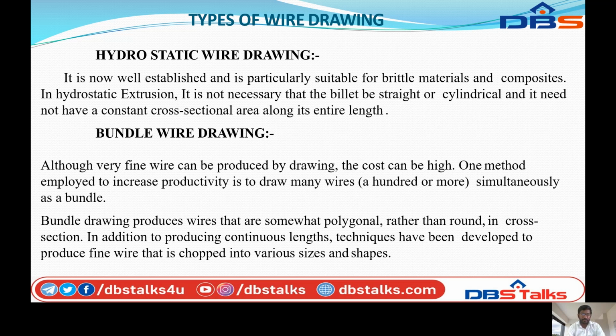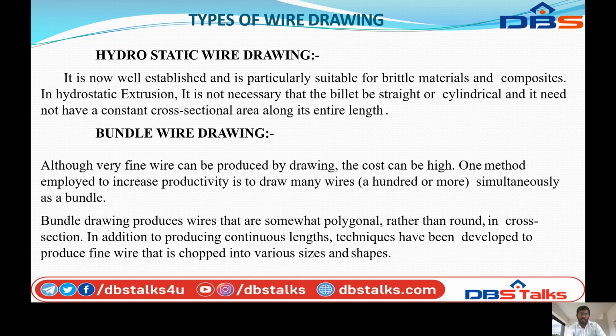Bundle wire drawing. Although very fine wire can be produced by drawing, the cost can be high. One method employed to increase productivity is to draw many wires simultaneously as a bundle, hundreds or more.